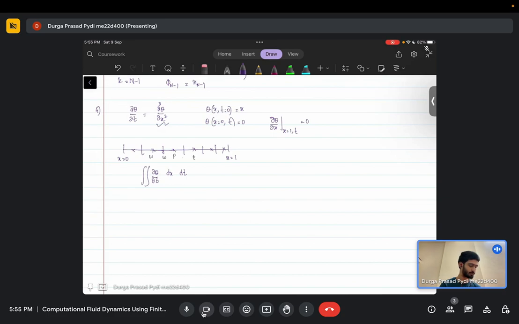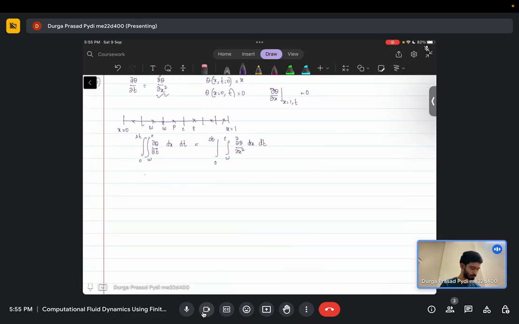This is my west face, this is my east face. So we have west to east, and also, I am just writing 0 to delta t instead of t to t plus delta t, will be equal to dt.